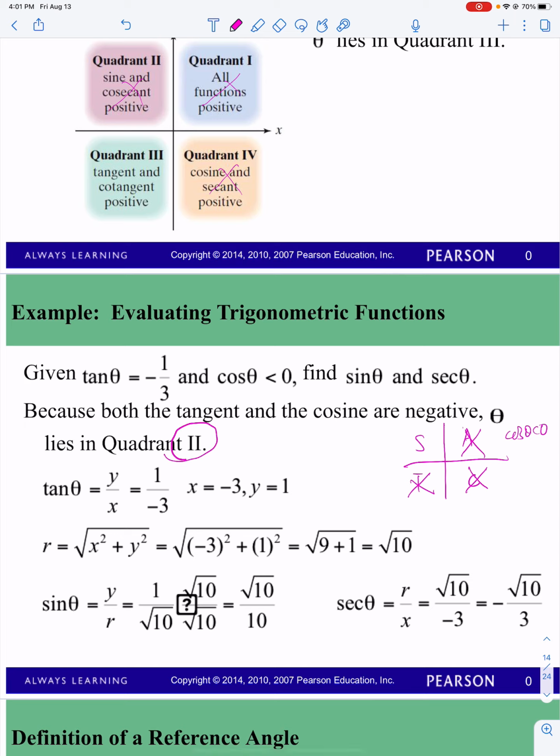Quadrant 2. This is how you define it: tangent equal to negative 1/3, so it cannot be in the third quadrant. In quadrant 2, sine theta is positive. Secant is 1 over cosine, which will be negative. So you have to know sine is positive, secant is negative.